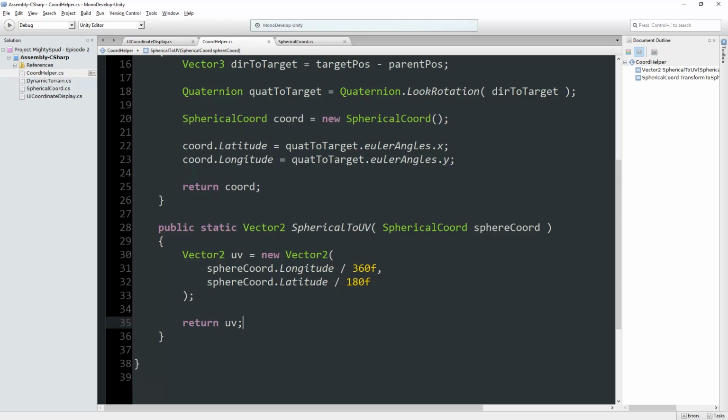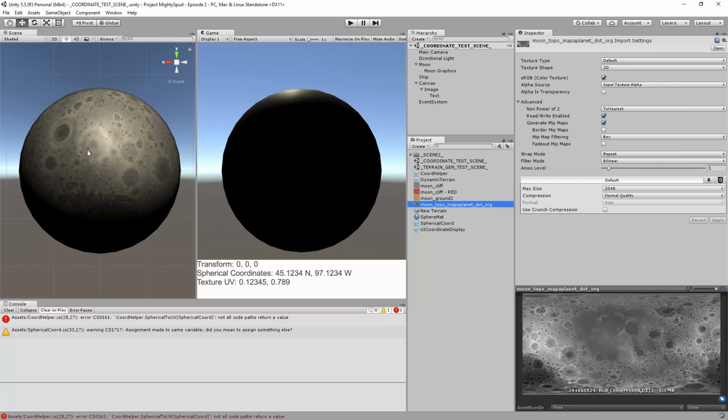Return UV. What I'm talking about is the fact that when you look at this planet here, right, the diameter of the planet is the full diameter here. So in case of the moon, it's 4,000 and change kilometers, right? But if you keep taking slices horizontally like this, the diameter of the chord or whatever, the sphere or the circle that you get from these slices gets smaller and smaller and smaller.